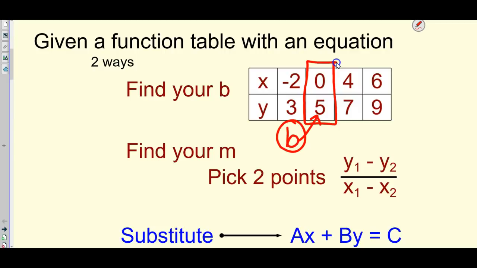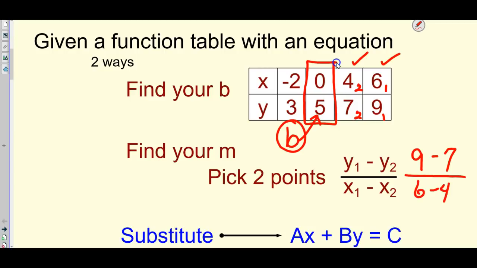The other way is you can pick 2 points and throw it into the slope-intercept form. So you could pick 4, 7, 6, 9, put it in there, but make sure when you do this, you're taking the y first. So if we take our 9, which makes this our y1, this would be our y2, our x would be x1, y is y2, or 4 is x2. So we have 9 minus 7, and then we have 6 minus 4.